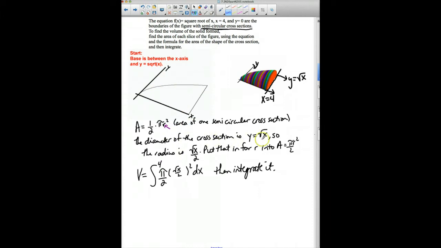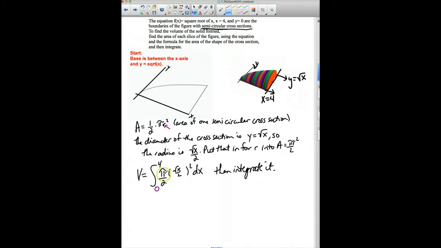So the diameter of the cross section is the square root of x. So the radius, which is half of it, must be square root of x over 2. We're going to put that in for r, into the pi r squared over 2. So we're going to have pi r squared over 2, and we're going to integrate that from 0 to 4.